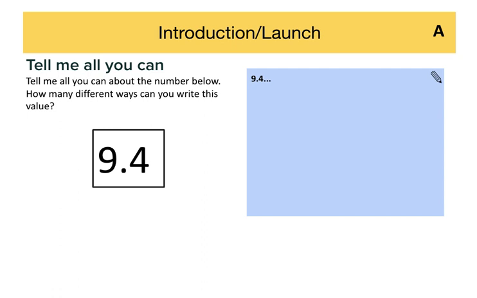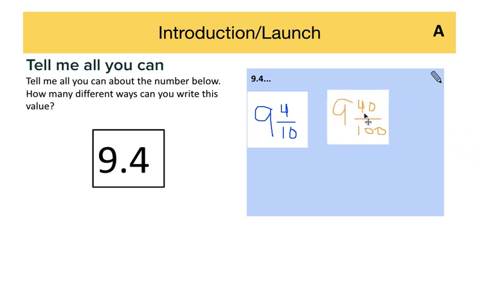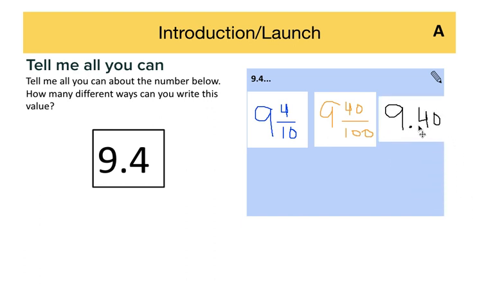So what did you write? What were the different ways you came up with? Did you write it as a fraction, as 9 and 4/10? Maybe you change that up a little bit by writing 9 and 40 hundredths. Maybe that led you to write it in a decimal form.